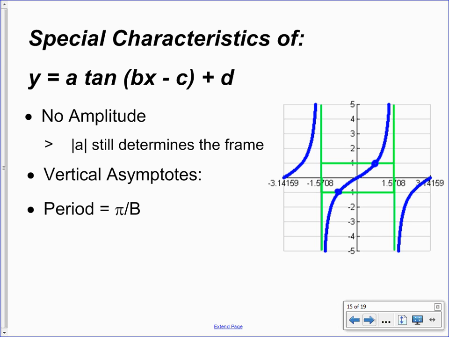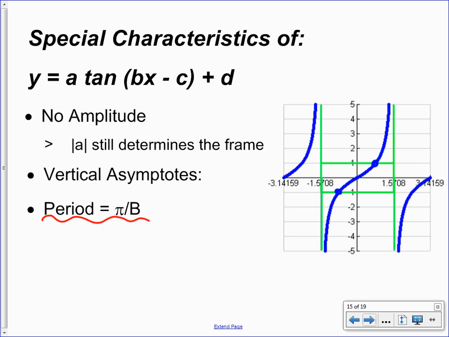So we're still going to draw a frame for a tangent graph, but we do not say that it has amplitude. It has no amplitude. Okay, but A will still help us with our frame. Okay, on the edge of our frame will be our vertical asymptotes, and we'll talk about that here in a little bit. Most important thing, our period is pi divided by b.